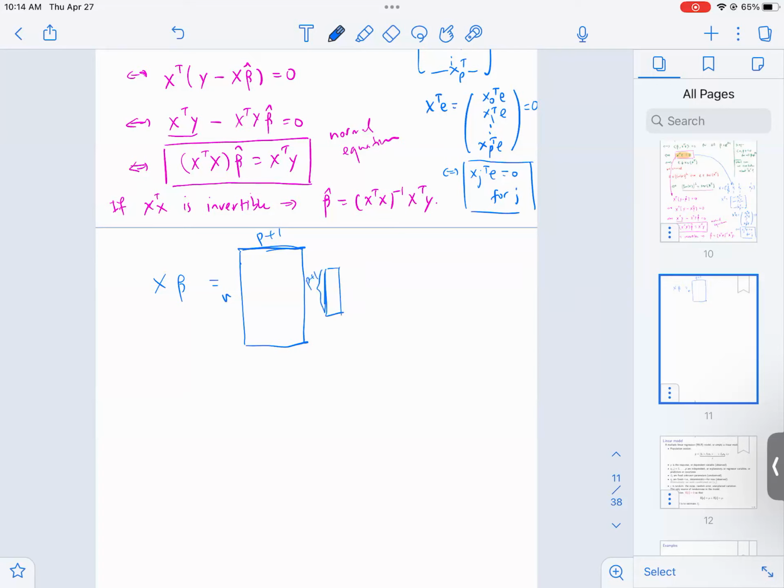The columns of X are n-dimensional. So this is X0, this is XP. But beta is P plus 1 dimensional. Okay. Any other questions?